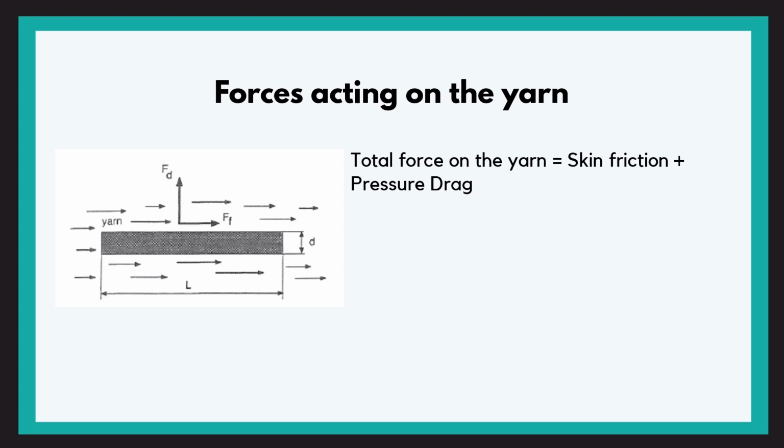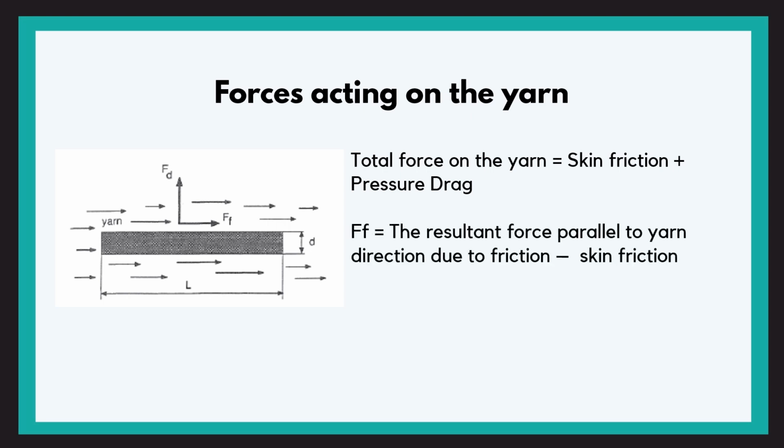Now the horizontal component of this force in the direction of yarn motion is known as the skin friction force. This is due to the friction between the yarn surface and the air, and it depends on the contact surface area of the yarn with the air. Now the perpendicular component is known as the pressure drag, which is caused mainly due to the difference in pressure forces acting on the yarn surface.